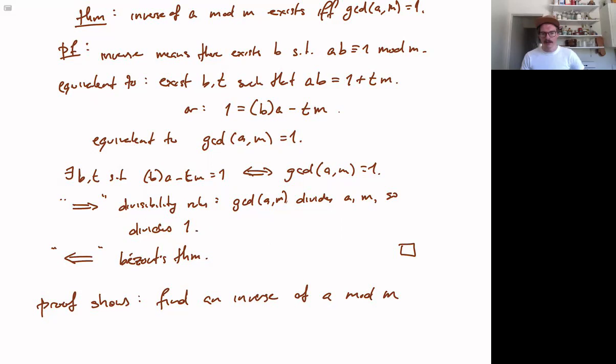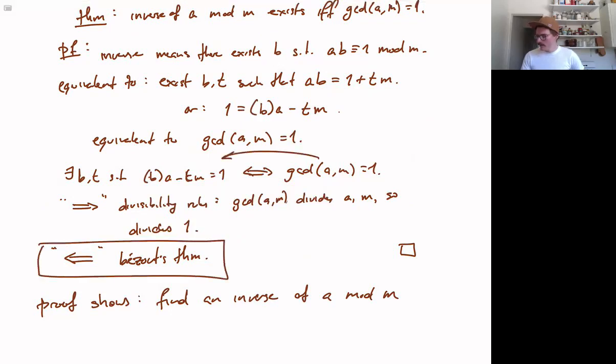So let's get back to where we were. How do we find an inverse of A mod M? Our inverse in this proof we were calling B. And this last step is telling us that we can find B by computing Bezout coefficients for A and M. That's something that we did yesterday, I believe. If you know that the GCD is 1, you can find that using the Euclidean algorithm.